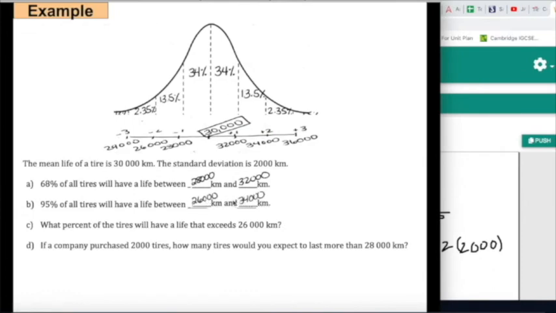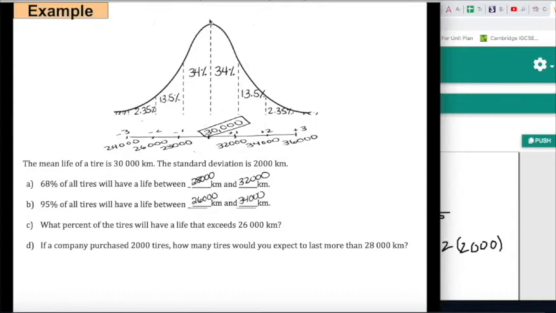And what percent of the tires will have a life that exceeds 26,000? This is 26,000, and the question is asking what percentage of the area under this curve will have a life that exceeds 26,000. So this area here, anything after this line.